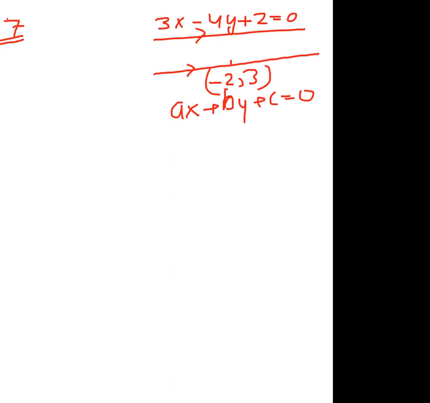Now, the no solution case: A1 upon A2 equals B1 upon B2 is not equal to C1 upon C2. This could be a condition for the question.